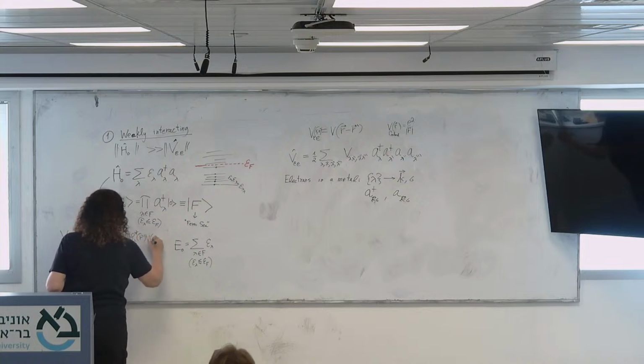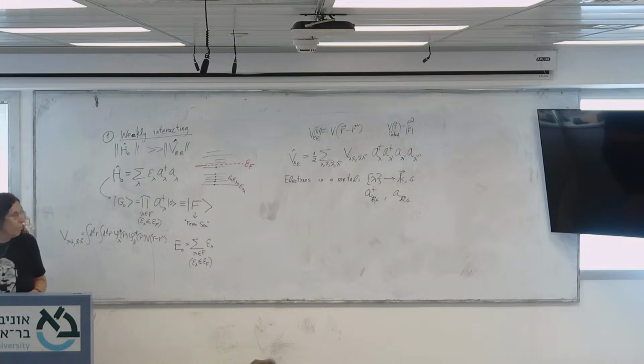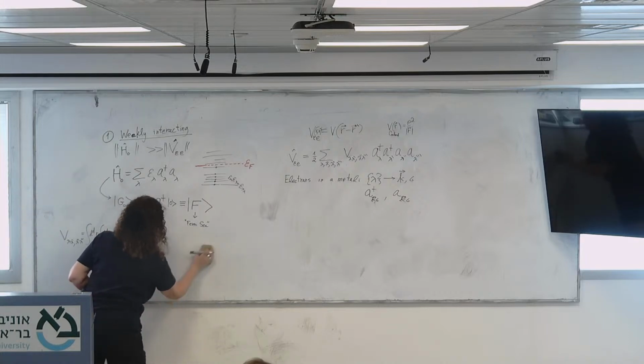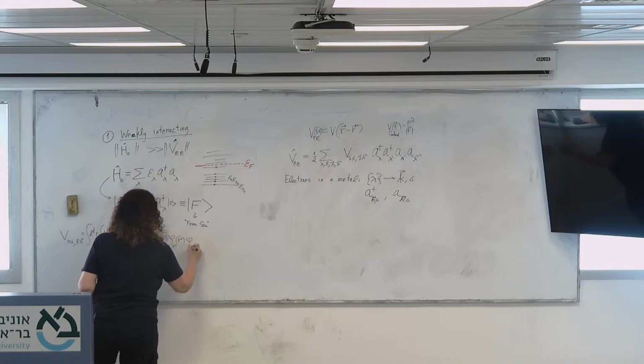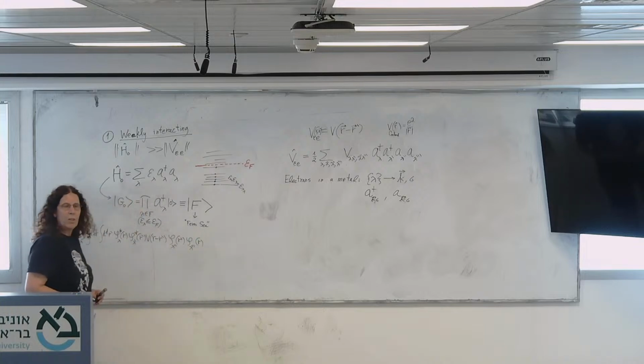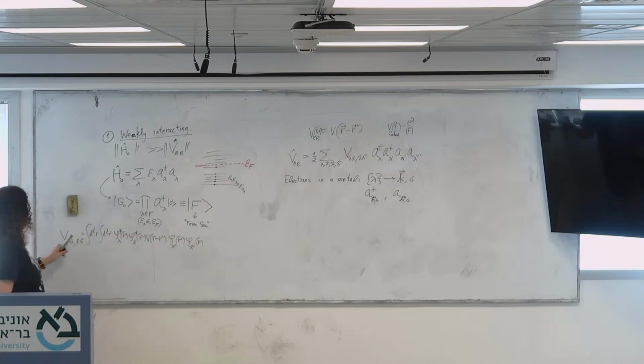Then I have V of r minus r prime, and what is this? Phi lambda double prime r prime, phi r. Okay, this integral is what we need to solve in order to find the matrix element in general.